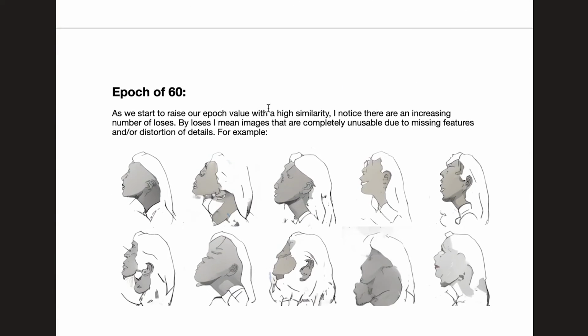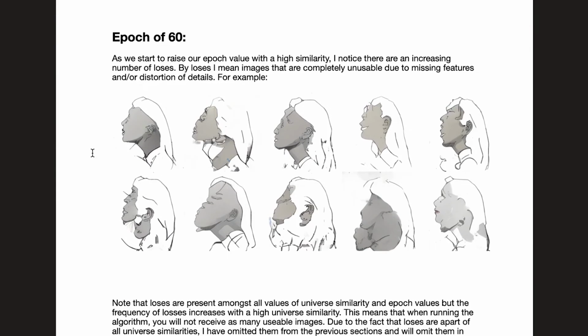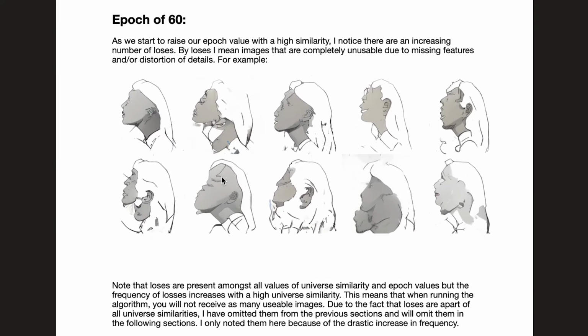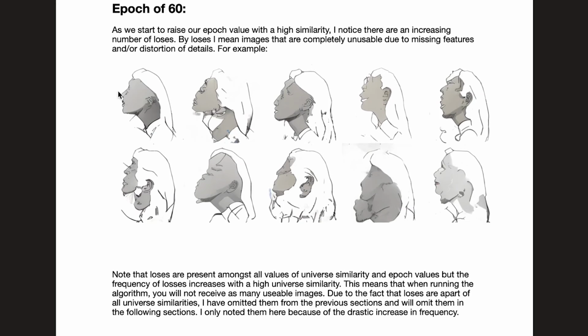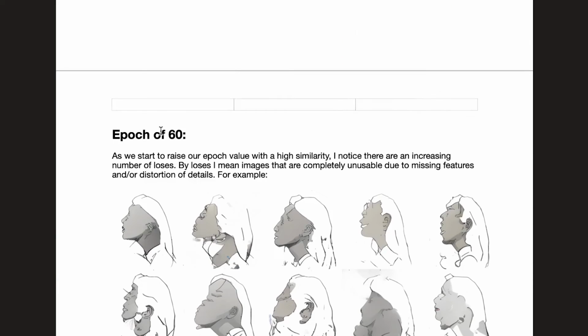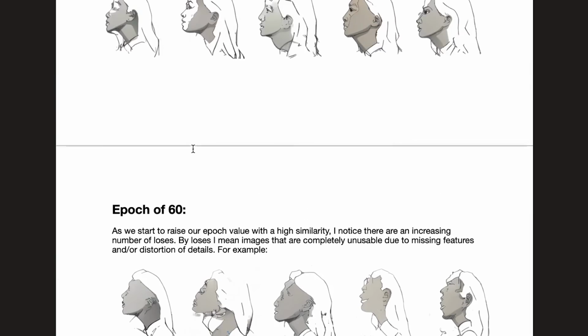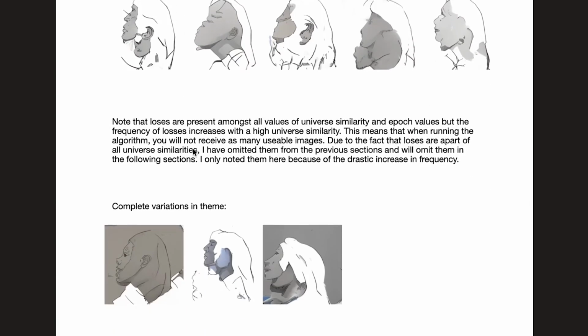And once we start raising to an epoch of 60 at a high universe similarity, our losses, as I mentioned before, become very apparent. And I do want to note again that losses are consistent throughout all values of universe similarity, but they really do increase when raising our epoch amount at a high universe similarity.